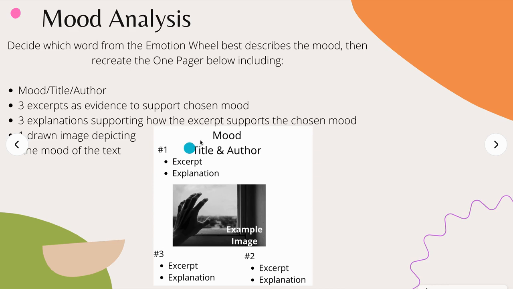You might start with your chosen mood word at the top of your page, followed by the title and the author of the text. Then your first example with an excerpt and an explanation, your second, and your third. Maybe in the center or somewhere prominently on your page is the image.